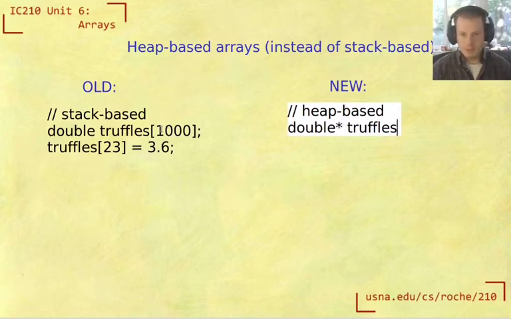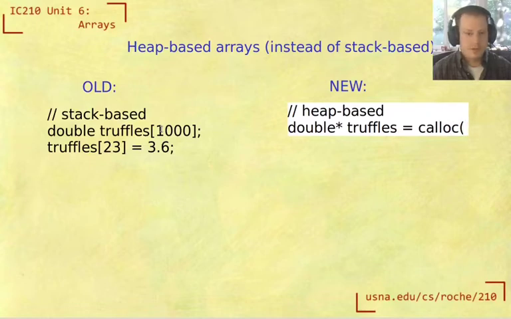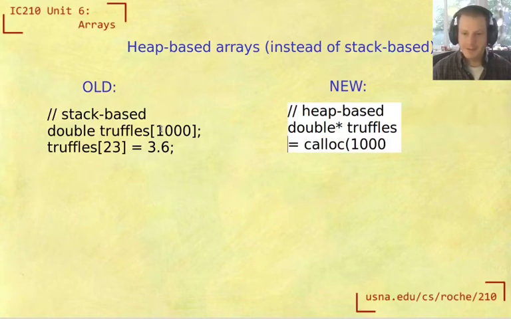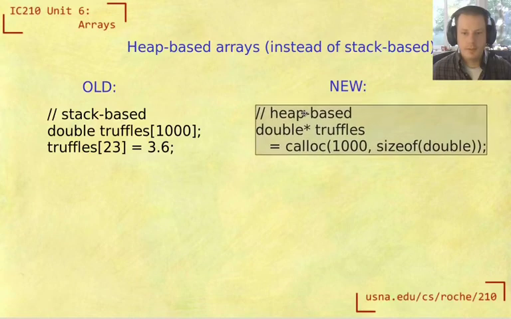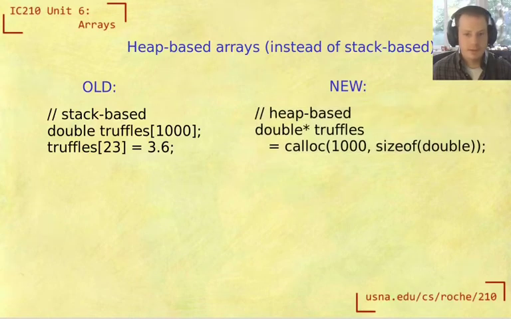It's a pointer to doubles. And that will be with the call to calloc. So in this case, it would be calloc for 1000, and then I'm going to run out of room, so I have to put it on the next line. Calloc 1000 and then sizeof double. Okay, so that's the new way that we declare an array for heap-based arrays.